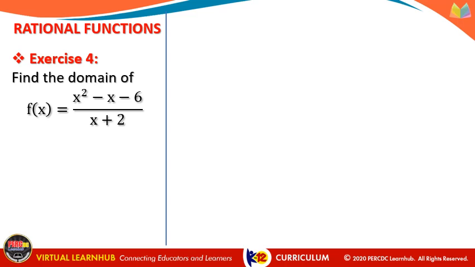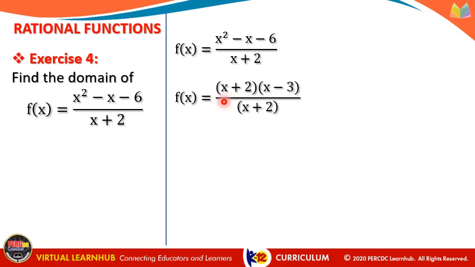Again, minsan kailangan nating mag-factor out. So, i-factor out muna natin yung x squared minus x minus 6. Using our algebra, we will get this one. You'll get x plus 2 times x minus 3. Uy! Maka-cancel out yung x plus 2. Pag na-cancel out yung x plus 2, edi ang maiiwan ay x minus 3.